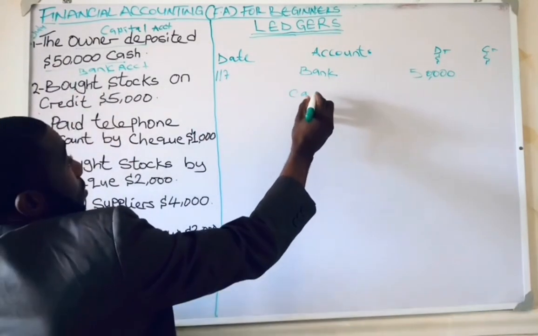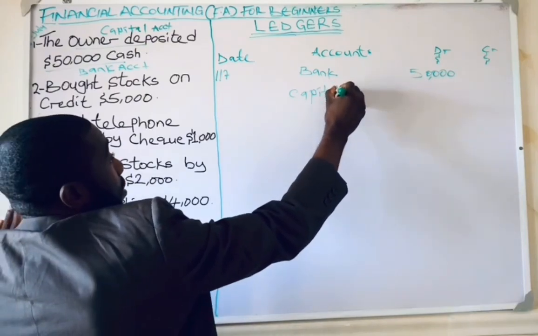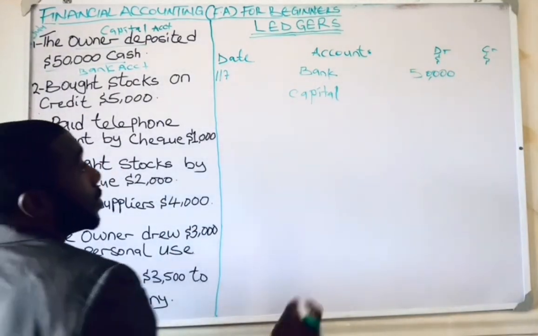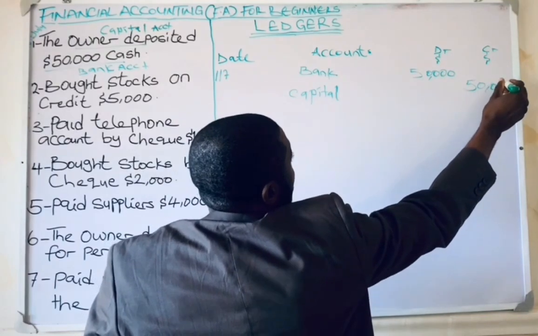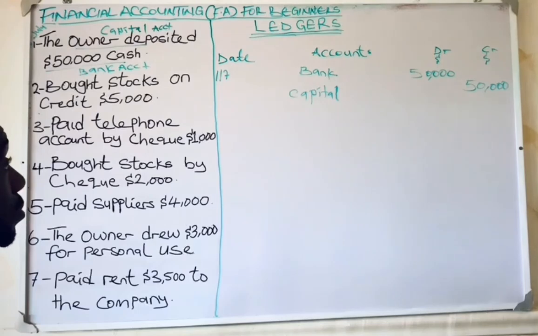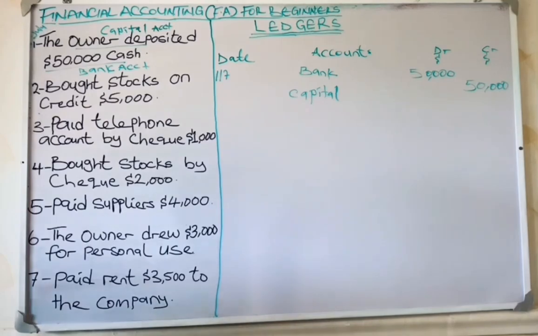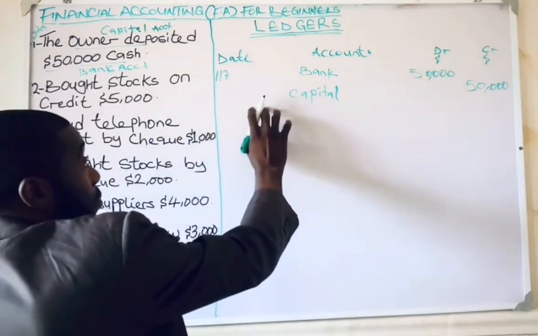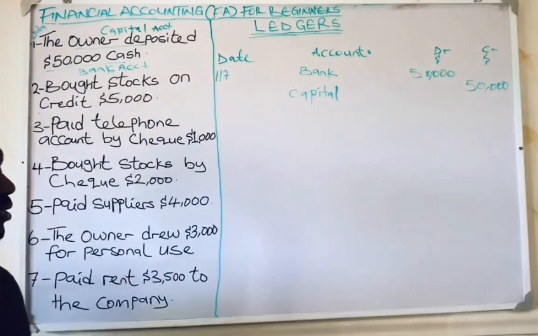This is a capital account because of the double entry principle. Capital account, credit, $50,000. Now, the narration. But since we're not doing the journals, let us go straight to the ledger entry. This is the account that we have in our journal using our transactions.